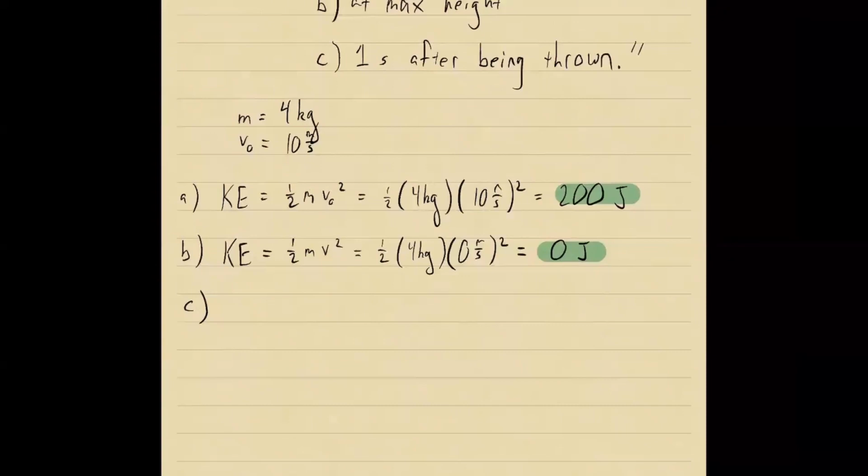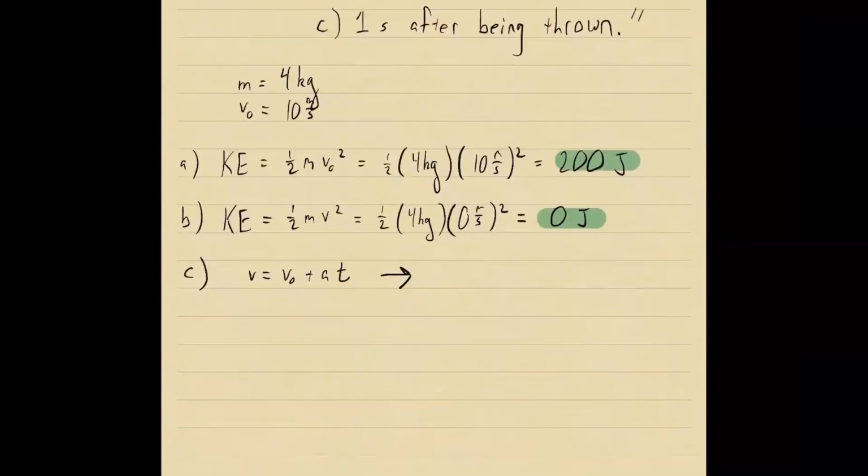To solve this, we first need to figure out its velocity at that point. We know that its velocity is equal to its initial velocity plus the acceleration times time. So its final velocity, the thing that we're looking for, is equal to its initial velocity, which is 10 meters per second, plus its acceleration, which is just the acceleration due to gravity, so minus 9.8 meters per second squared, times time, which in this case is just 1 second.